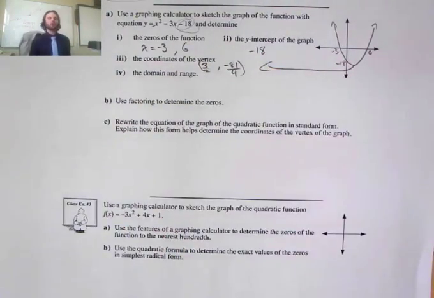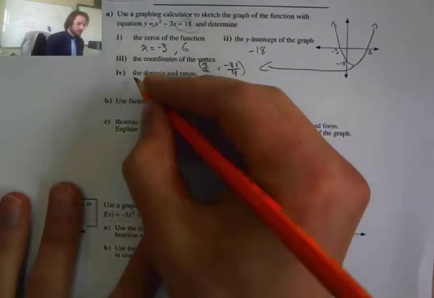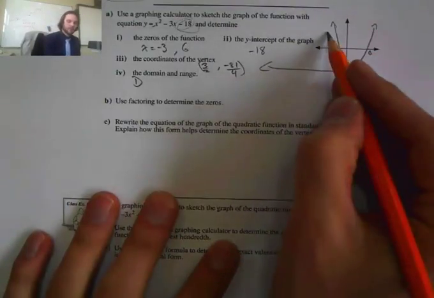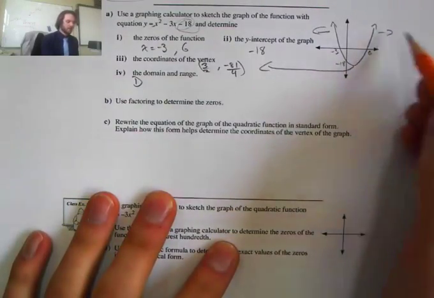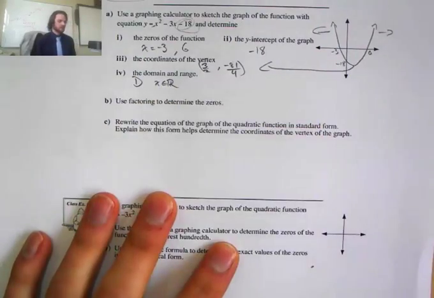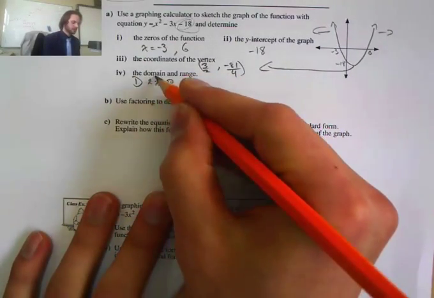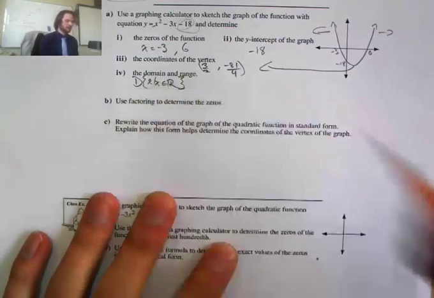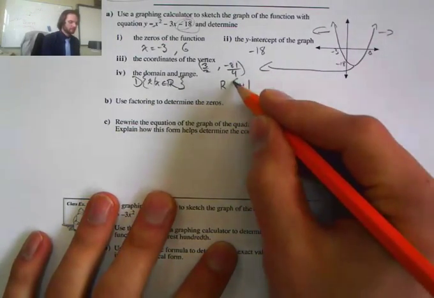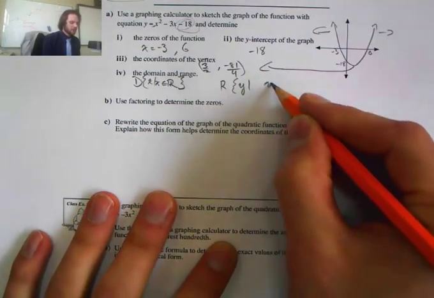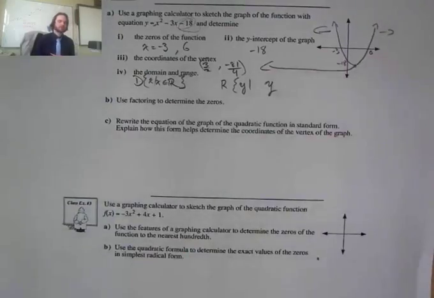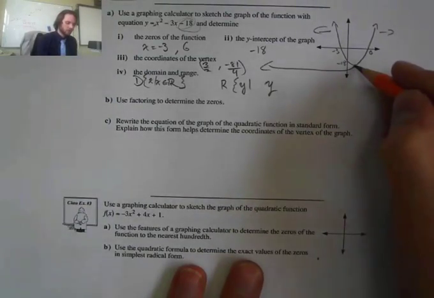Okay, so what is my domain and range? Well, first let's do my domain. My domain is all x values. Now this graph goes forever that way and forever that way. So my domain is x is an element of all real numbers. Now let's look at my range. In my range, we're looking at y, right? Now, we look at this y here, and y cannot go less than this.